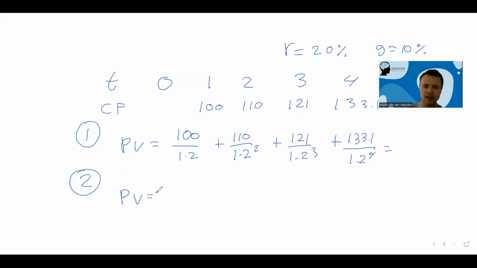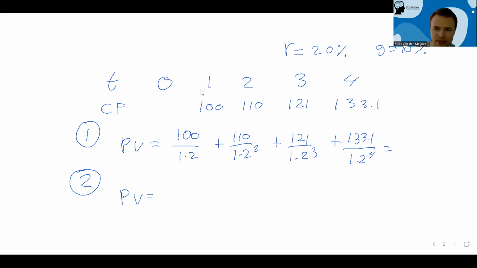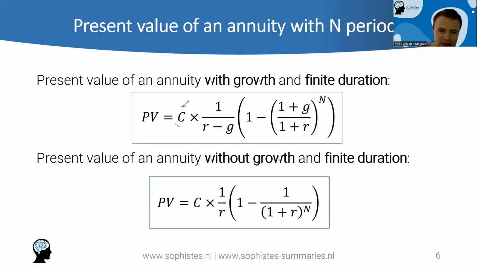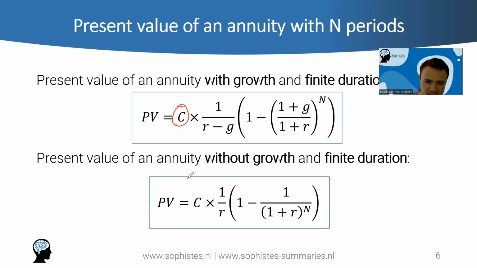You say, all right, the C is the cash flow from your first time period. So if you want to know the C, what do we have to fill in here for the C? You fill in what you have in the first time period, which is 100 in our case.